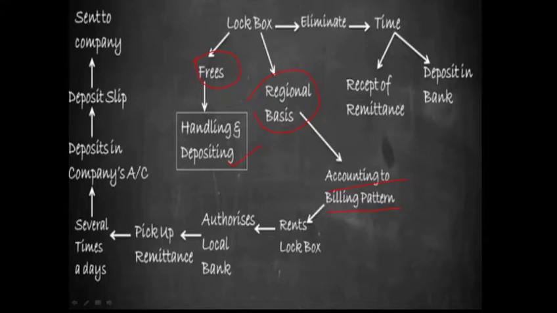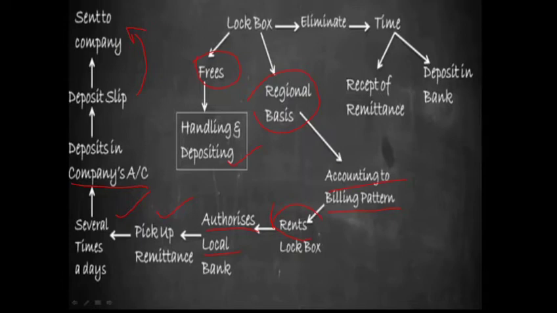Here the company will rent a lockbox and will authorize a local bank to pick up the remittance several times a day so that it can be deposited by the bank in the company's account, and the bank would in turn deposit the slip back to the company account. In this way the lockbox system ensures speedy collection and speedy recovery. So this is the way the lockbox system works.